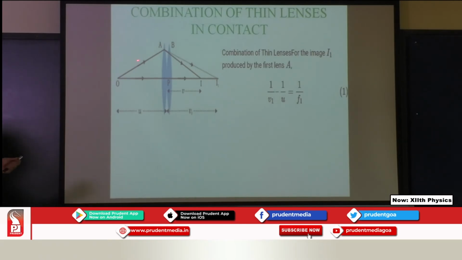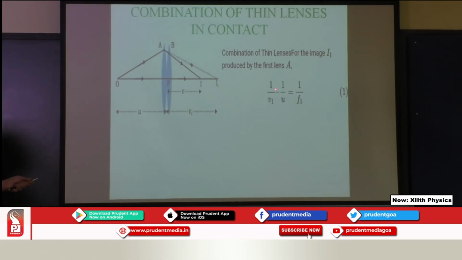Now, this particular geometry I can show you like this. I have got the lens A and lens B. The lens A, the object forms an image I1 which is acting as an object for the second, and the final image that we have got is at I. So, let us go for the lens A. We apply the thin lens formula for the first one.